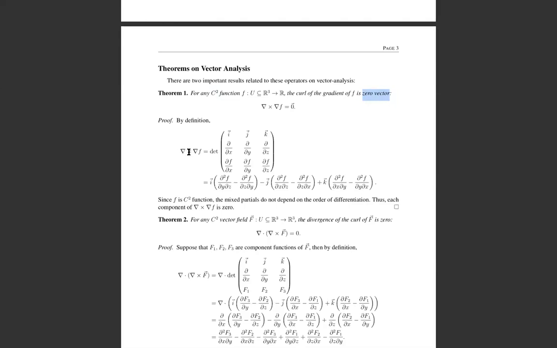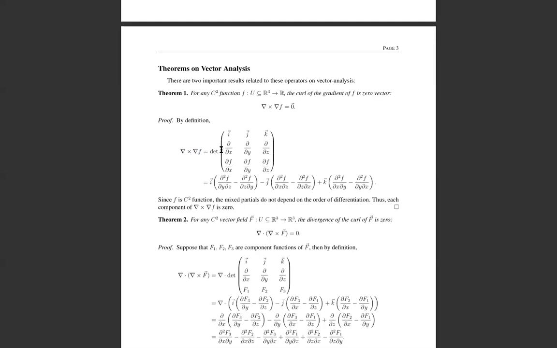The curl is the determinant of this 3x3 matrix, except in this case the vector field is the gradient of a function, which is partial f of partial x, partial f of partial y, and partial f of partial z. You just replace your component functions by these partials.